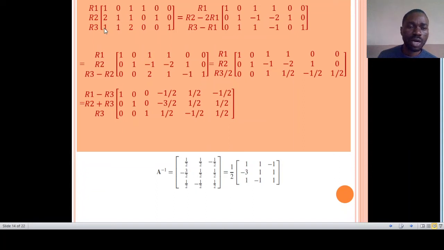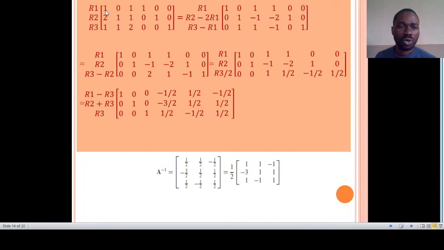Similarly, you can make the third entry in the first column here to be 0, because I told you that all the values under the 1 here will become 0. How do you do that? This is very simple. You can simply say row 3 minus row 1. Since they have the same coefficient, you don't have to multiply it with any arbitrary number.